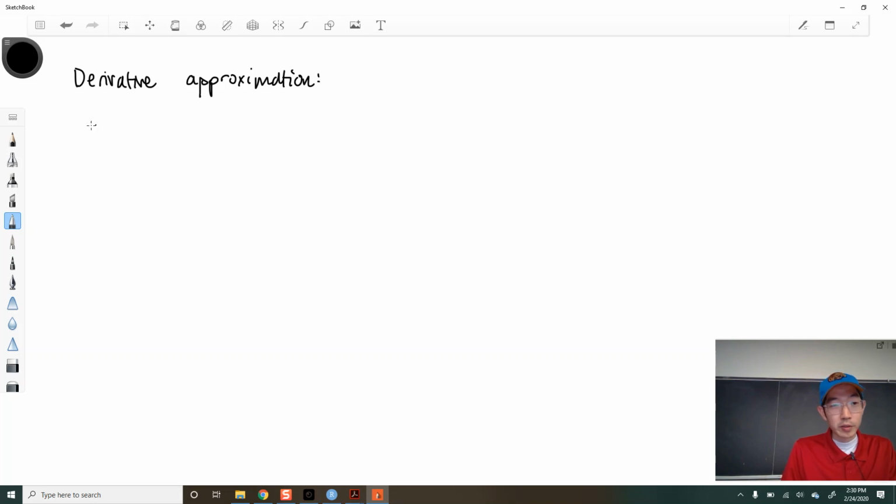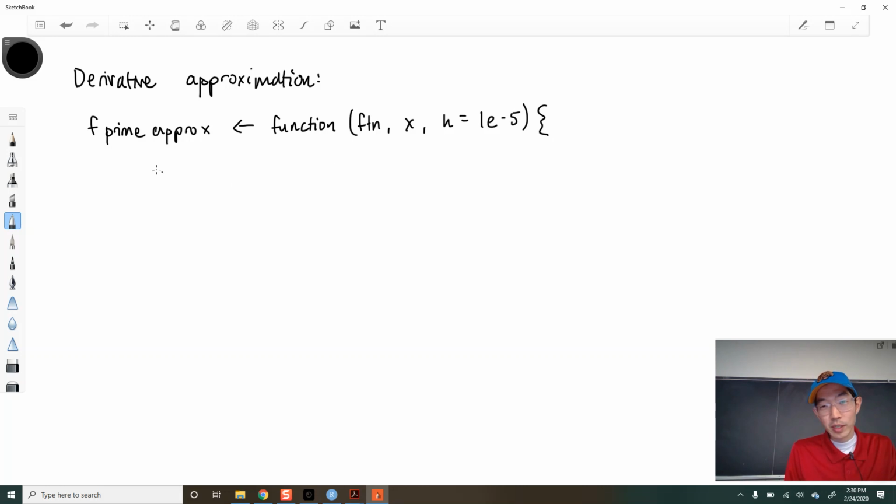Okay, which basically says, I don't know what I'm going to call this, f prime approx is a function of some function, and x and h, with h equaling something like 1e-5 or some value.